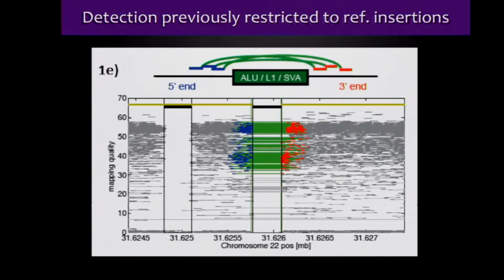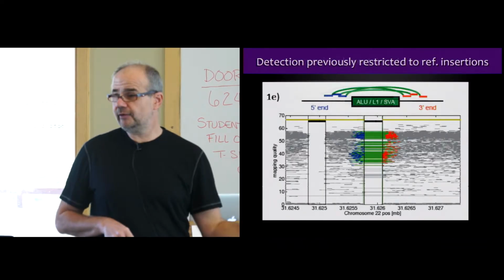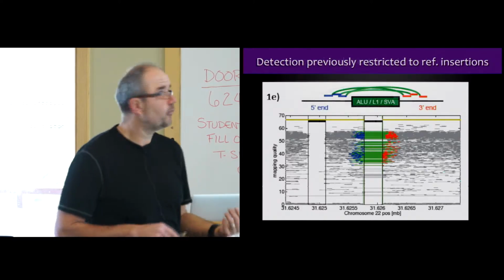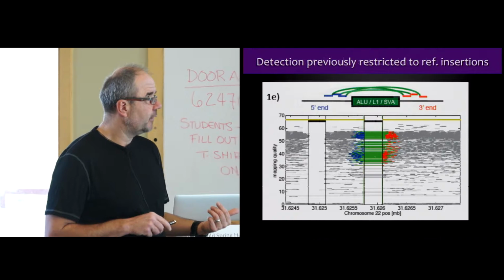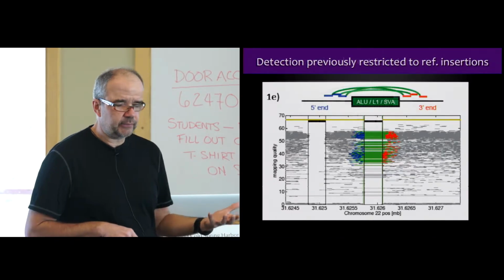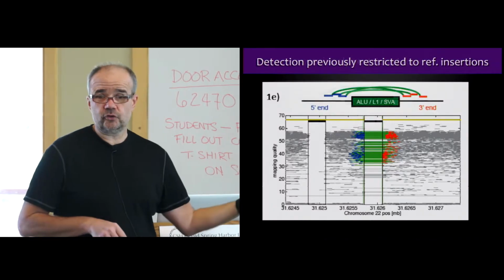When you look at additional samples that you sequenced that don't have that allele, these elements that are insertions in the reference appear as if they were deletions in the samples you sequenced. So you can really detect, in a reverse way, mobile element deletions in a sample that are in fact insertions in the reference.